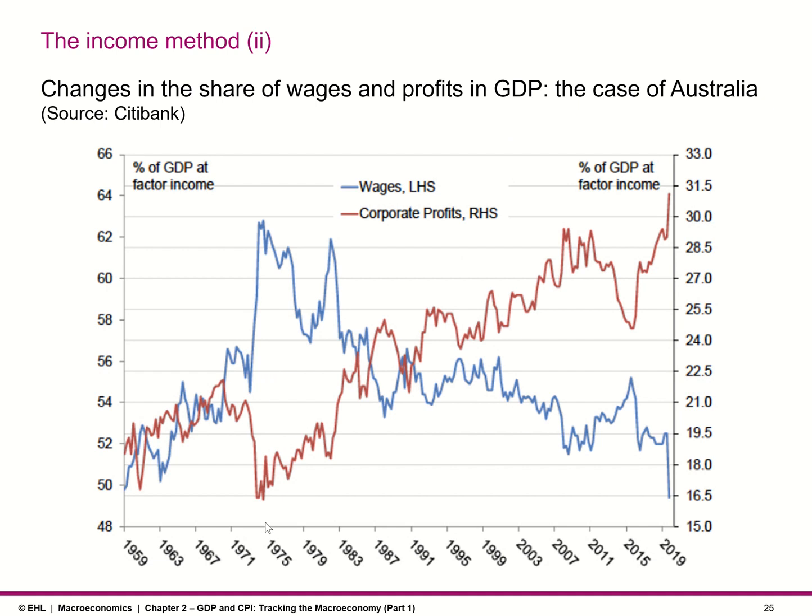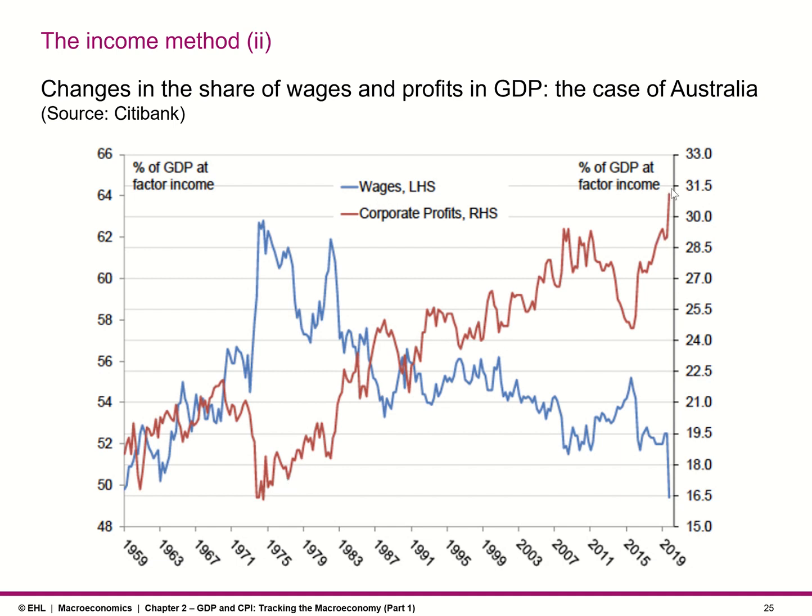So let's take the 1970s. Here, the share of profits paid to shareholders in total GDP was around 16%. This is the right-hand scale here. And this share of profit in GDP constantly increased from the 1970s until today.